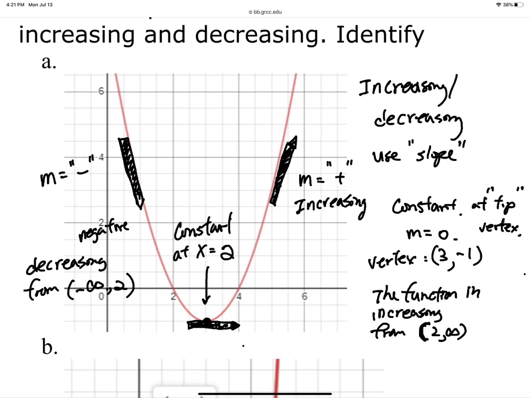Excuse me, I don't know why I said 2. I misread. I meant 3. These are supposed to be 3s.